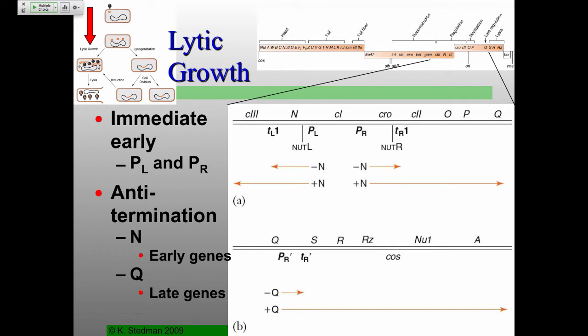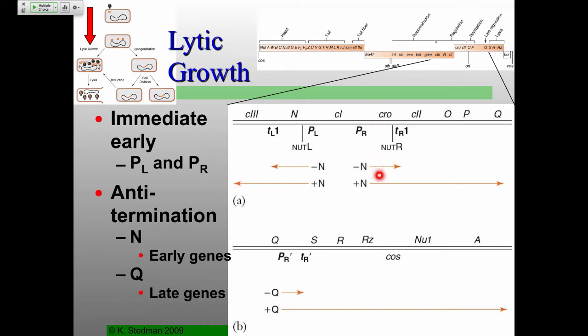So, as far as Lambda is concerned, of course, we've got lytic, we've got lysogenic growth. In terms of lytic growth, it's really all about these 2 promoters, PL and PR. And the main thing with PL is it expresses the N protein, which is a transcriptional anti-terminator. As soon as you have that anti-termination, you go this way from PL, which is not as critical.